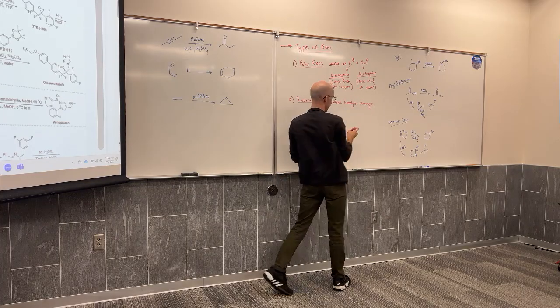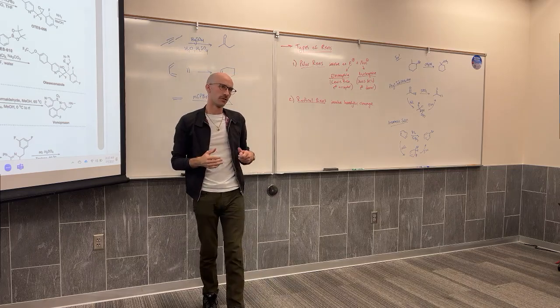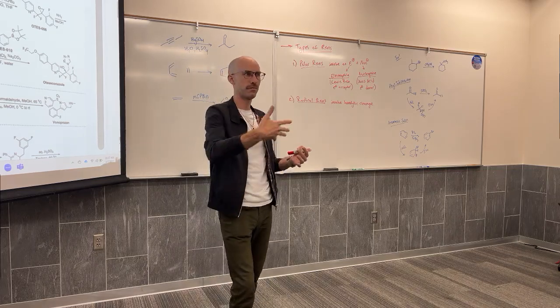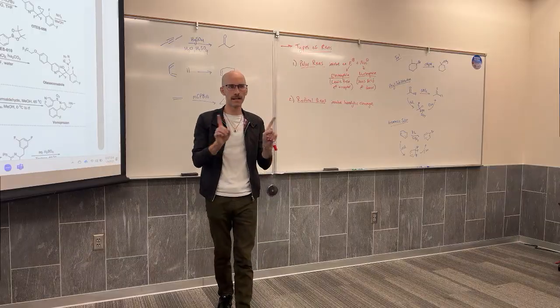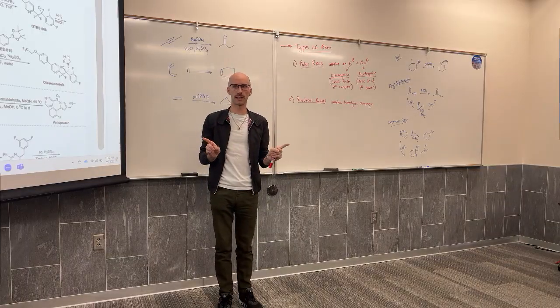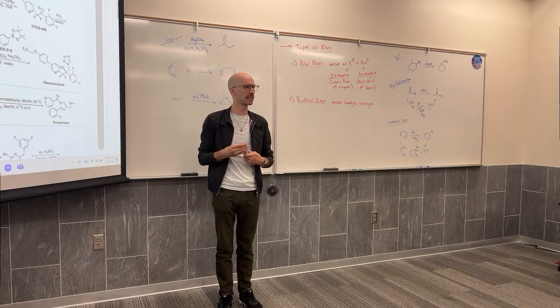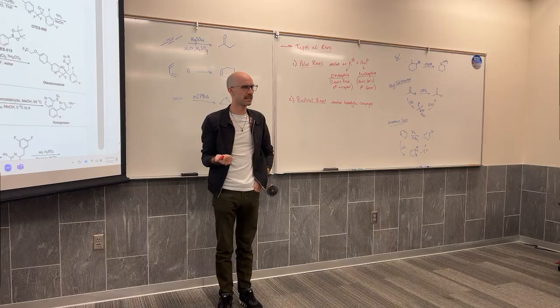These involve homolytic cleavage. So there's not one atom that uses its pair of electrons to do something. It's not pairs of electrons doing things at all. Do you remember homolytic cleavage? Did you learn that in general chemistry?